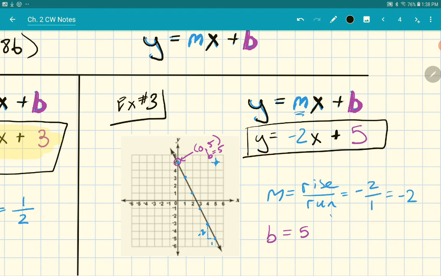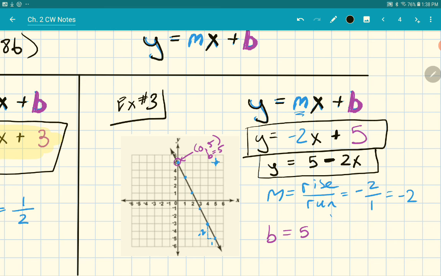This is a good example of when you might see the mx and the b switch positions. You might see this written as 5 minus 2x, so that you have a leading positive in front. This is also correct. Notice the minus, the -2, stays with the x, and the 5 stays as a constant.